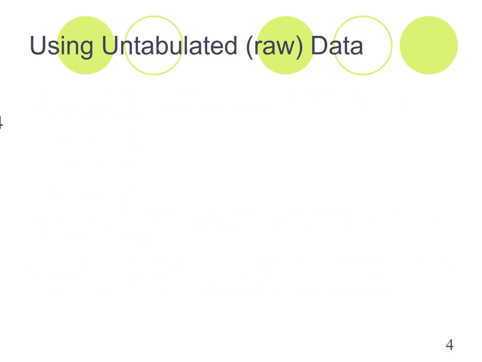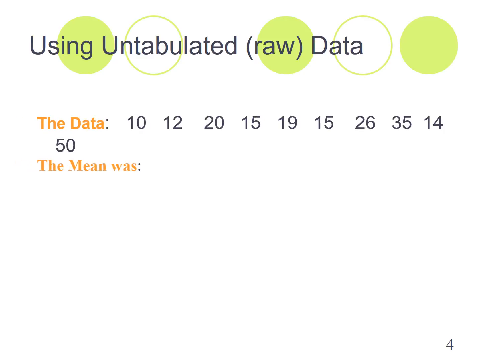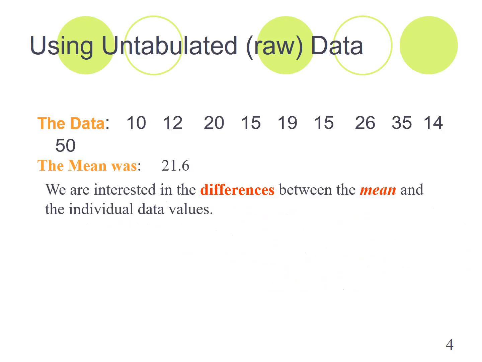Okay, so calculating your standard deviation, or trying to look at demonstrating the differences. If, for example, we take a look at the differences here, the mean of this particular group was 21.6, having added up all the data items and divided by the number of items.